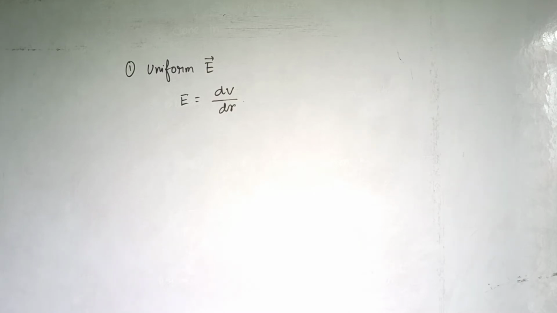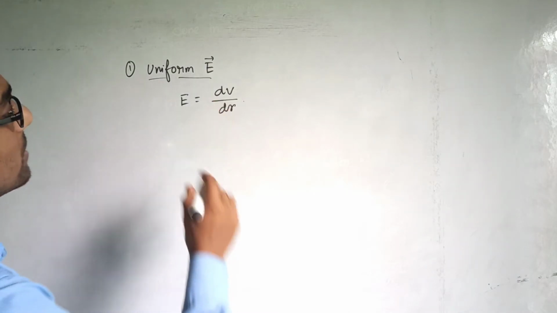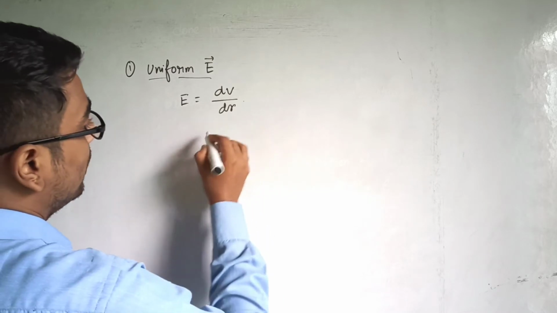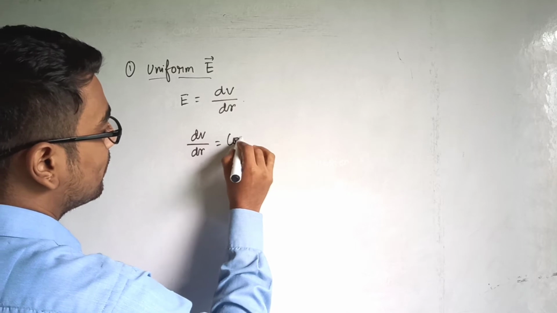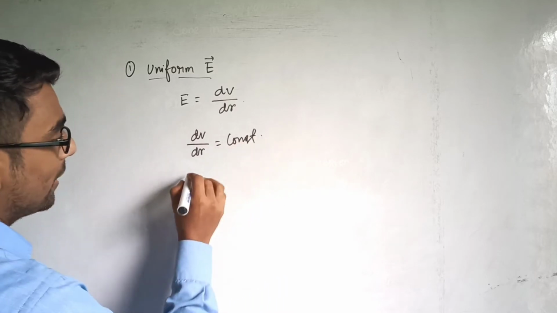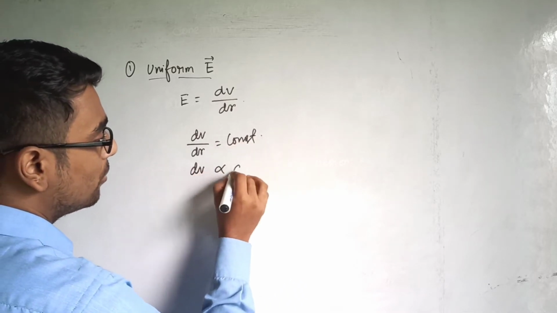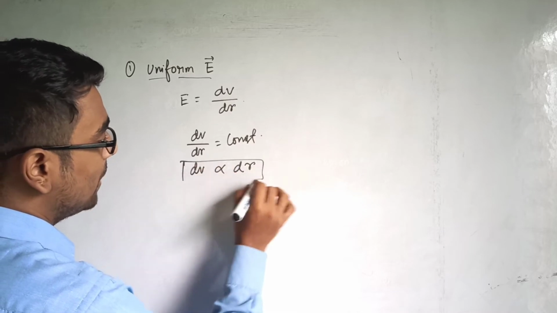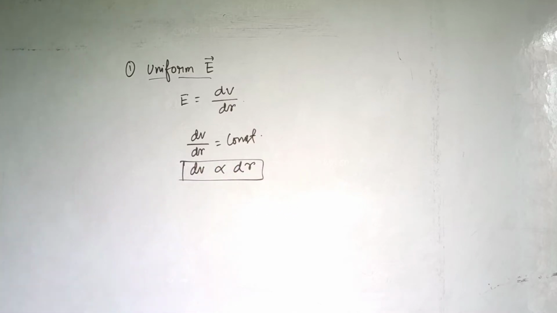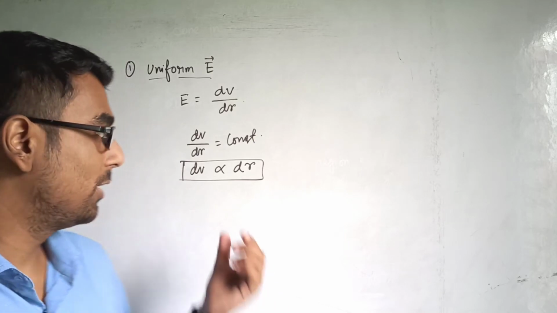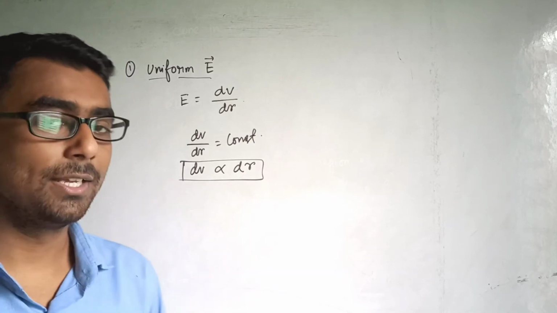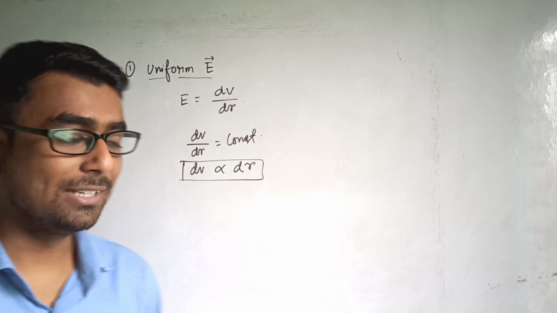Uniform electric field means constant electric field, so here dV/dr will be constant, so we can write dV proportional to dr. It means the consecutive equipotential surfaces will be equidistant from each other.